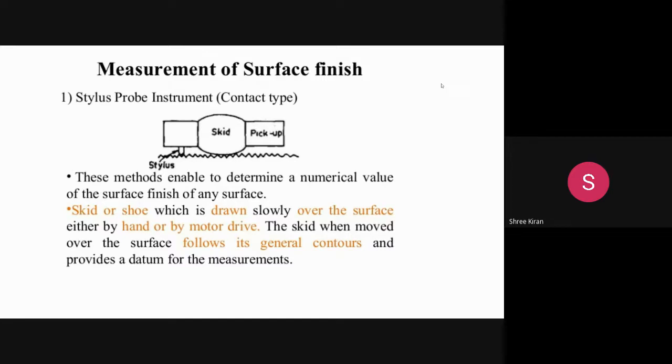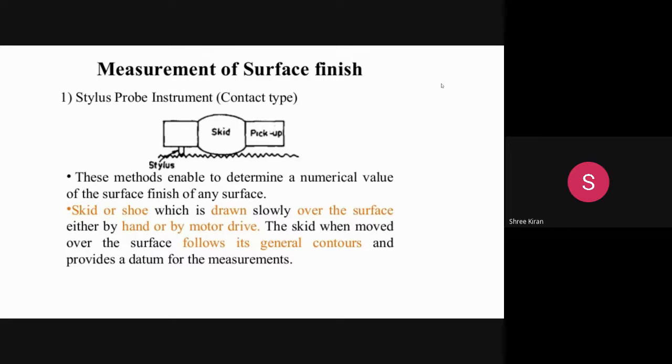So we are going to start with a topic named advanced measuring devices, which is mainly regarding the various devices used for certain types of surface measurements.